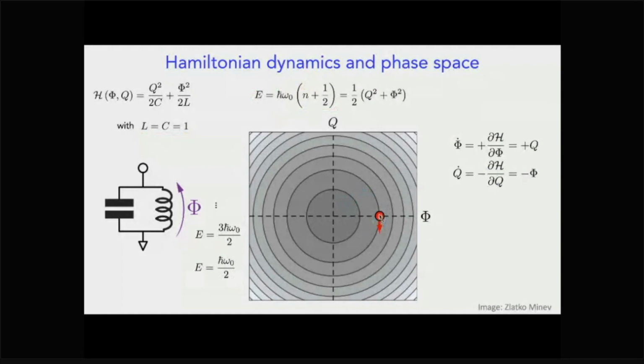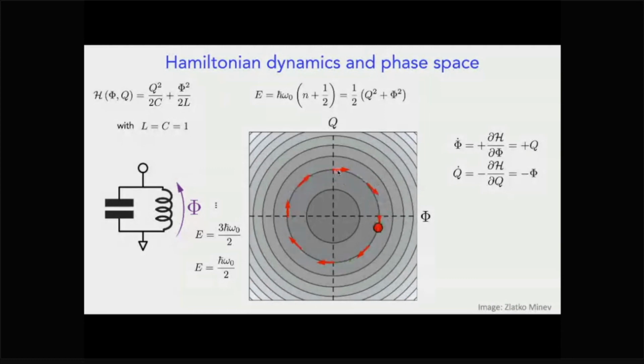And so if I start here, I can denote with a little vector which way I will go if I'm the particle oscillating. And so you can do this for a number of points on the ring, and you see that the trajectory that the particle will follow is in this case circular, and it will oscillate between position and momentum, or between flux and charge, right?